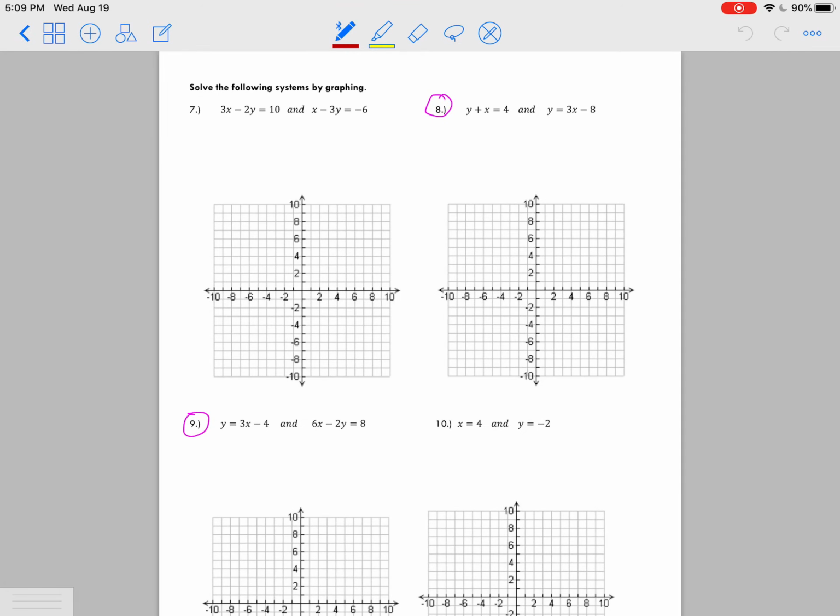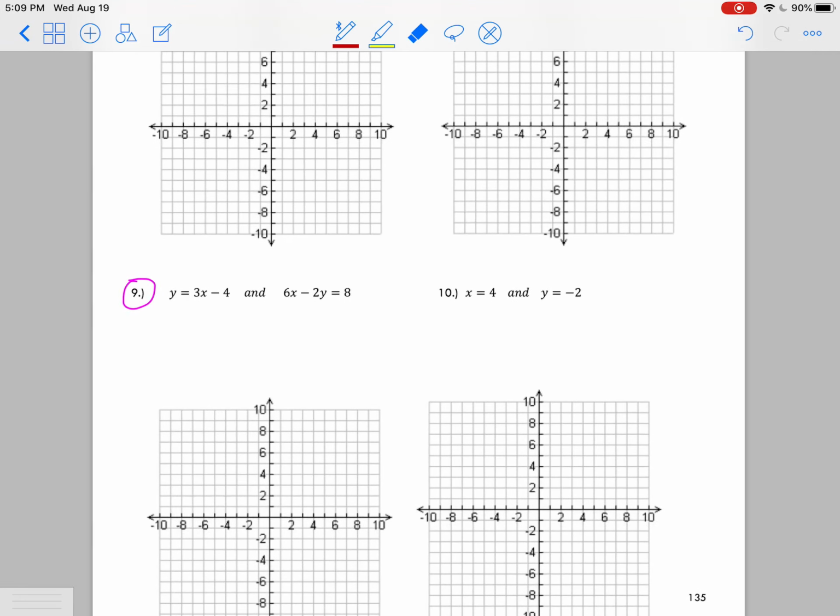Solve the following systems by graphing. Okay, so if we were to do this, I know we just did examples like these a moment ago. So I think I'm not going to do number 8. It's very similar to one of the other ones that we did. But I did want to take a look at number 9 here.